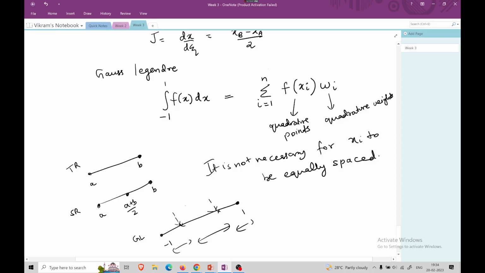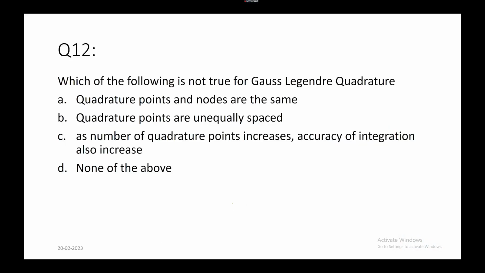These two are the quadrature points, and it is not at the end nodes. So obviously the quadrature points and end nodes are not the same. So here itself we can say that option A is the answer, but for the sake of understanding, let us see the other points as well.